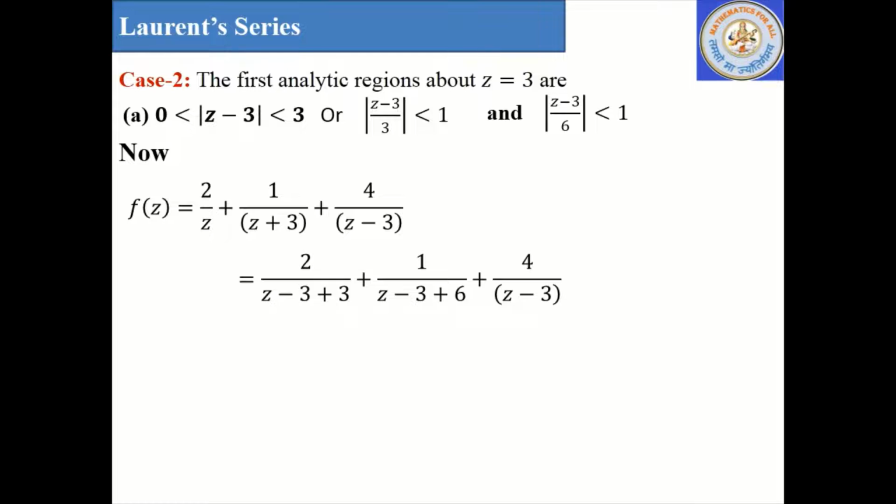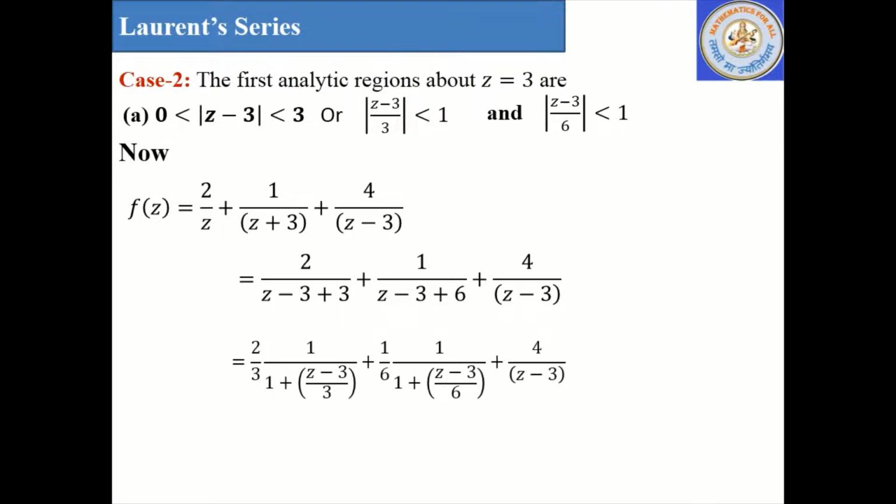Now in the first part we take 3 common, so it makes 1 plus z minus 3 by 3. In the second part we take 6 common, so it is 1 plus z minus 3 by 6. So ultimately our series is going to be in the form of z minus 3 because we are taking the series about the point z equal to 3.